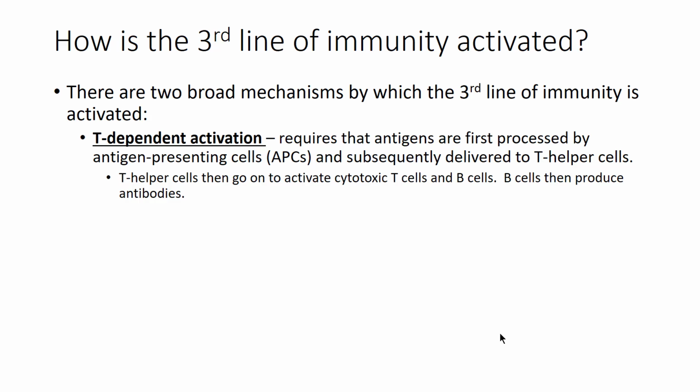Now, the third line of immunity can be activated in really one of two ways, one of which is the most common. The most common is called T-dependent activation. What this requires is that lymphocytes have to respond to the antigens, the foreign molecules, by having them first displayed on an antigen-presenting cell. Now, this does include a couple different types of cells, but most commonly it's a dendritic cell.